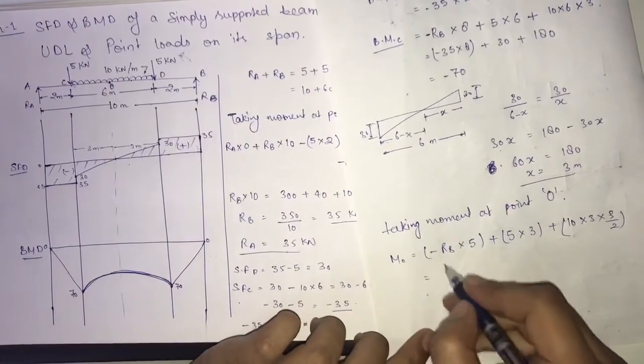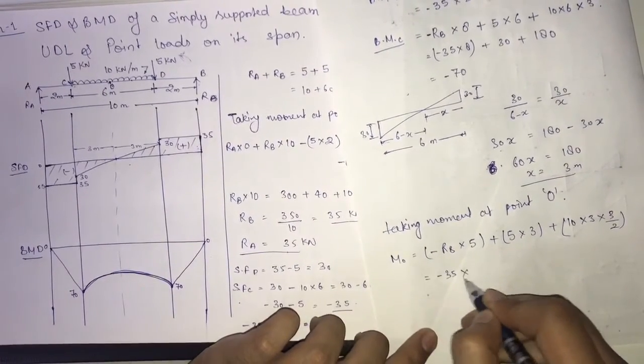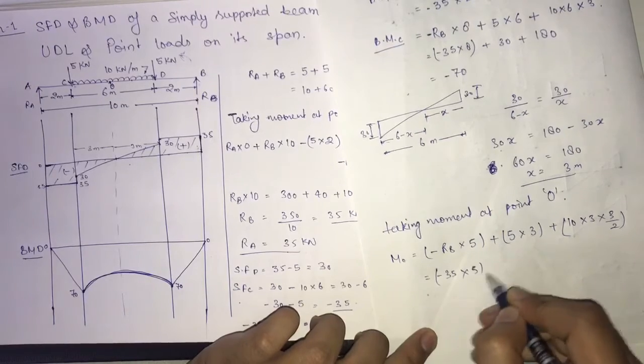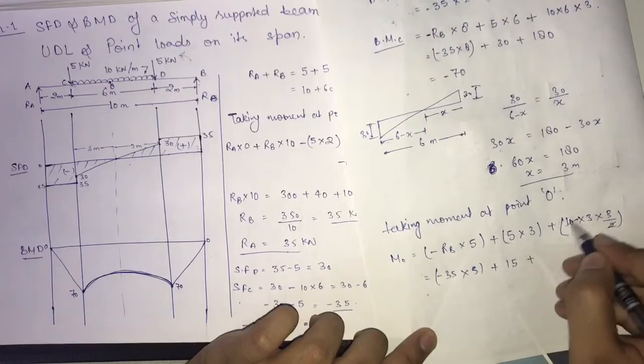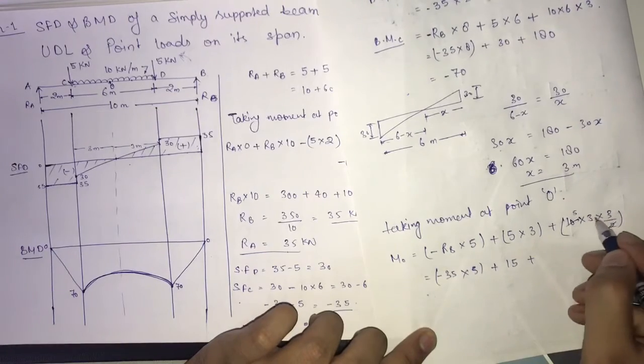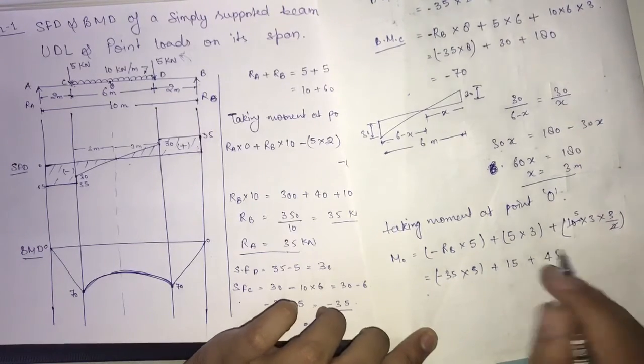So here we have minus 35 into 5, plus 5 into 3, which is 15, plus 45.